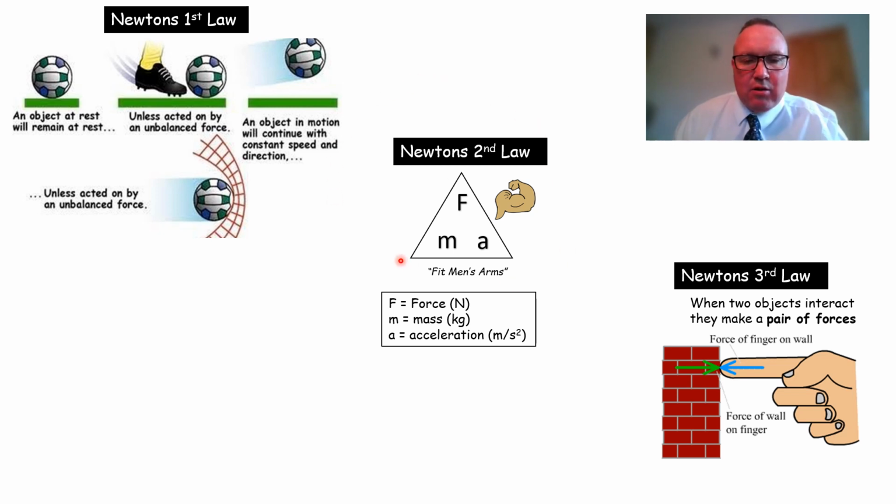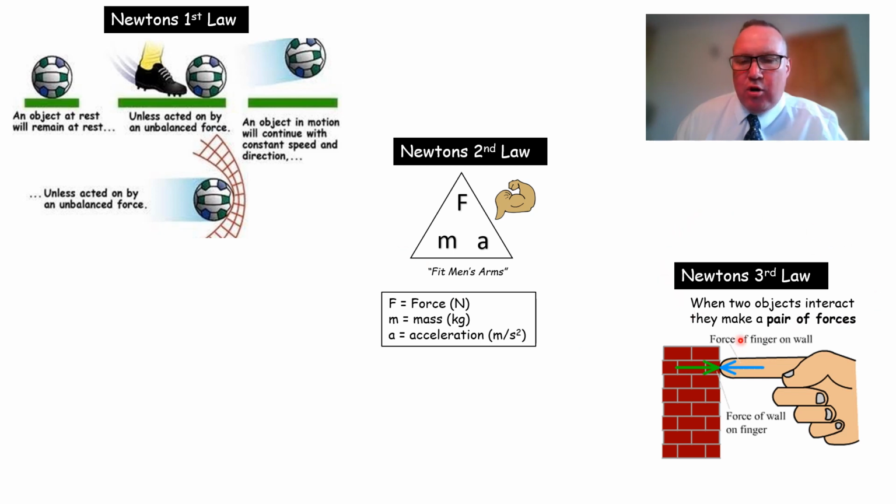Newton's second law tells us the amount of force we need to make something accelerate is equal to the mass times the acceleration we want. In other words, if we increase the force, we get more acceleration. But if we increase the mass of something, we get less acceleration when we push or pull it.